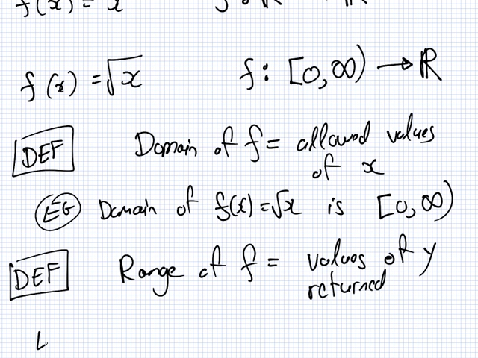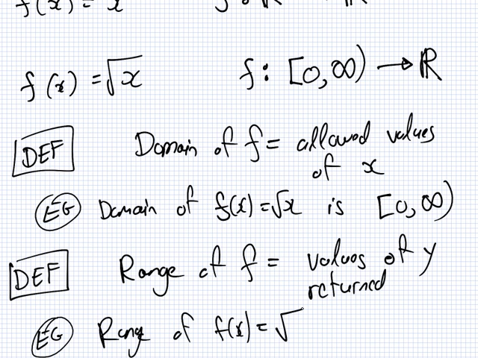So an example, the range of, let's say, f(x) equals square root x again, is, this function only gives you positive numbers, so 0 to infinity. What does this represent on the graph though? So that's what we'll do next.